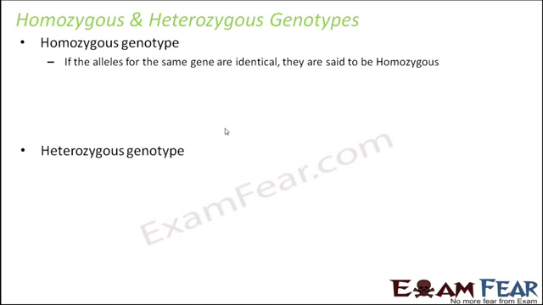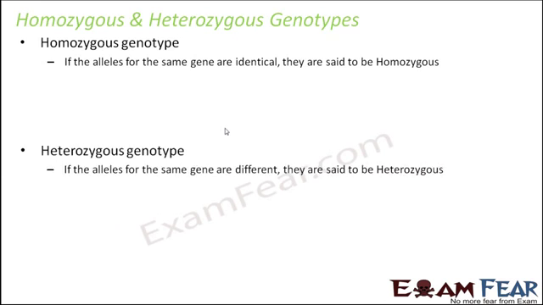If you talk about heterozygous, they will have different alleles for the same gene. So basically this means that if the organism inherits the exactly identical trait from both the parents, then that organism is going to be homozygous. For example, capital T, capital T and small t, small t are homozygous because both the alleles are exactly identical to each other.